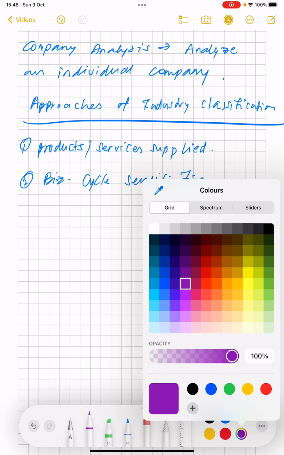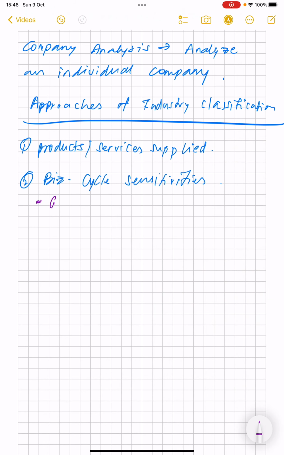So I put it in purple. We have mainly two types of business cycle sensitivities. That is the cyclical company, which means growth companies mainly, and exposed to effect of fluctuations in overall economic activity.